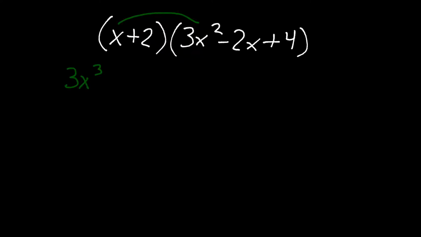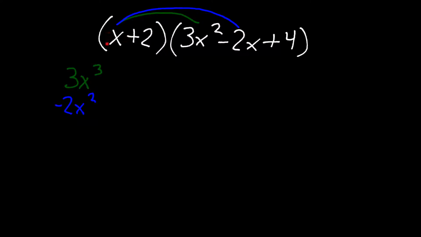Now I'm going to still use this x, but I'm going to multiply it by the second term over here, negative 2x, and I'll use a different color. So I've got x times negative 2x, and that gives me a negative 2x squared, because x times x is an x squared.